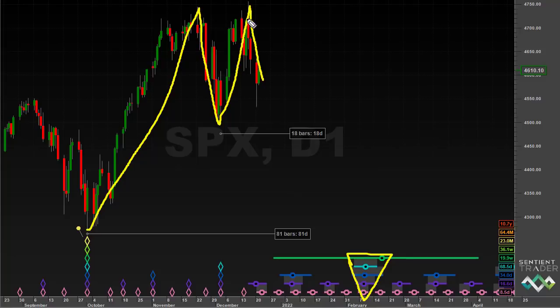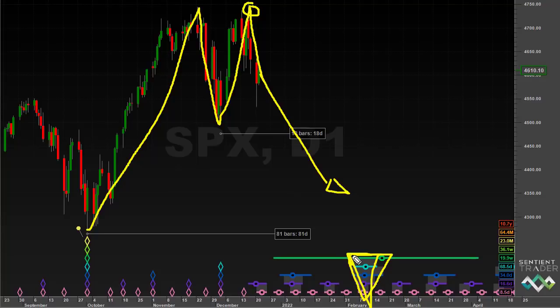Is it possible that the peak that we saw over here, and that was just last week, is the peak of the current 20-week cycle according to this analysis? It is possible, in which case we're going to see a fairly bearish move as price comes down to form this 20-week cycle trough in February.